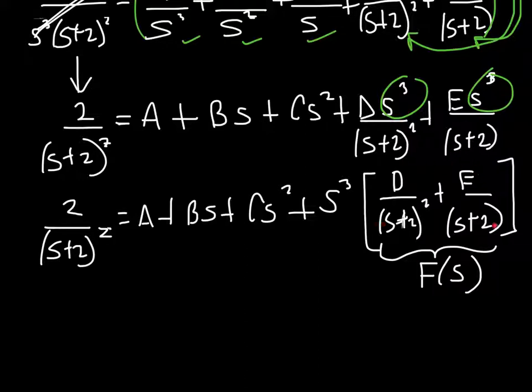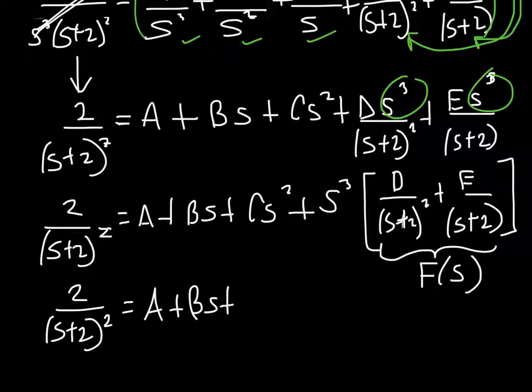And again, this should remind you of Laplace transforms. We're going to do that a little bit later. That's what they have in the book if you're looking at the book. So let's write this out: A plus Bs plus Cs squared plus s cubed F of s. Okay, so this is what we have.